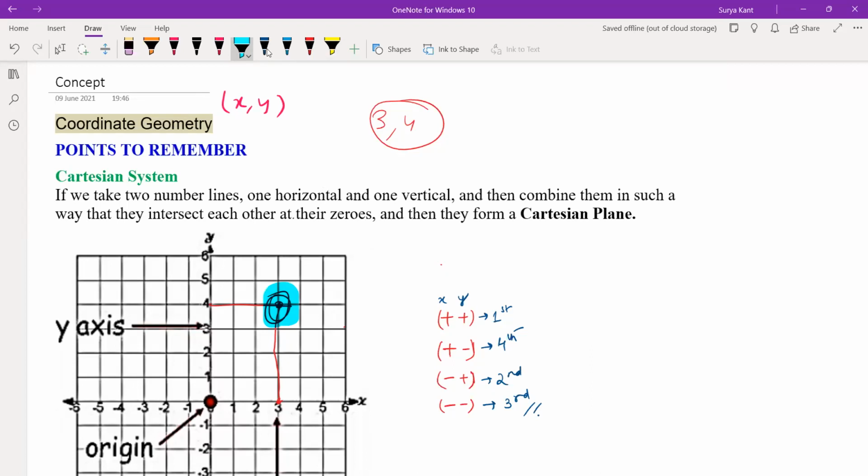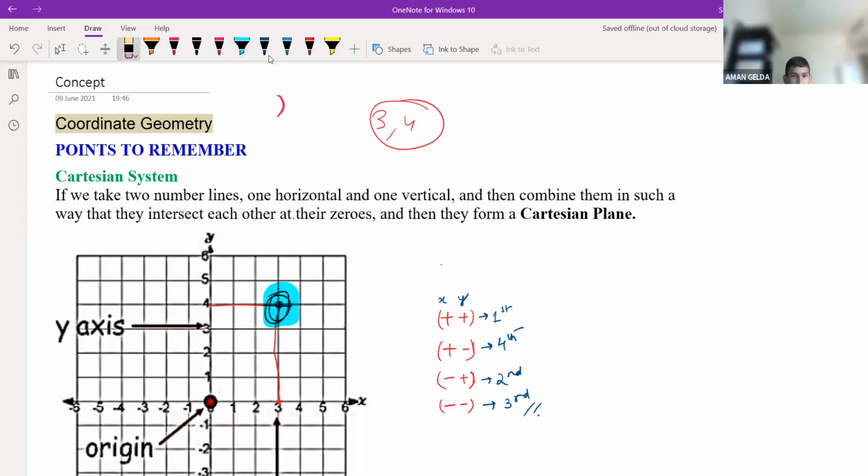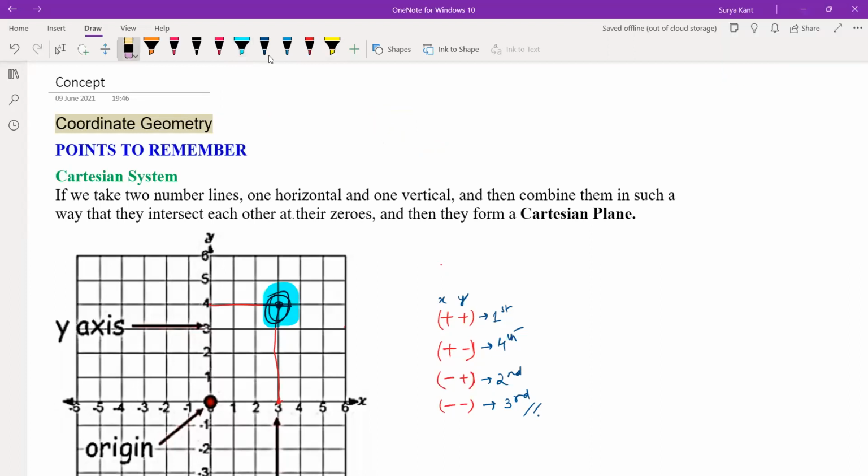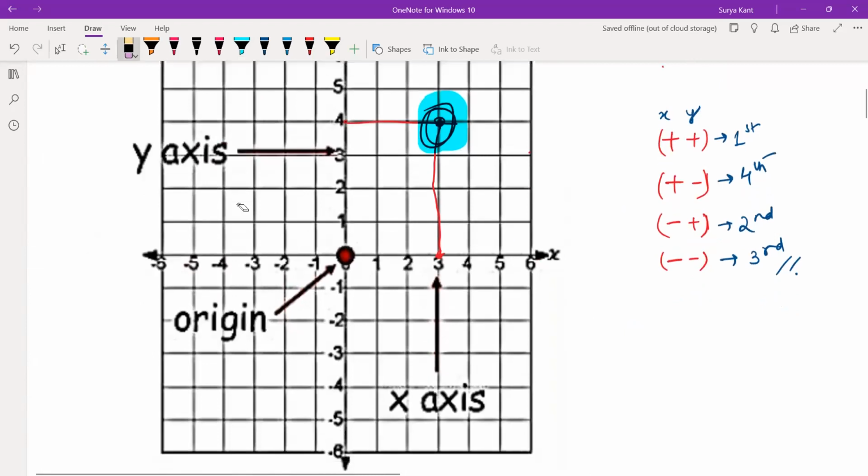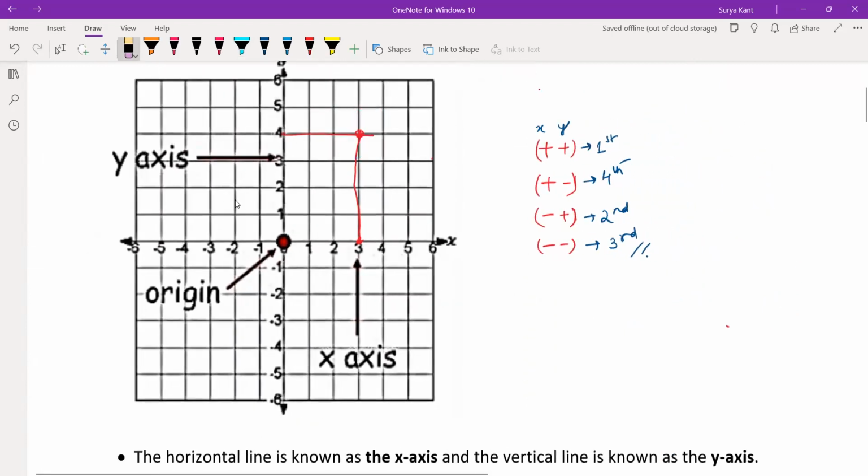all of you know how to mention the coordinate over here. Yes, sir. There are two lines over here, that is your x-axis and y-axis. How would it be on the graph paper? If you see this blue color one, this is your x-axis, the sleeping line you can say. This is your horizontal line.